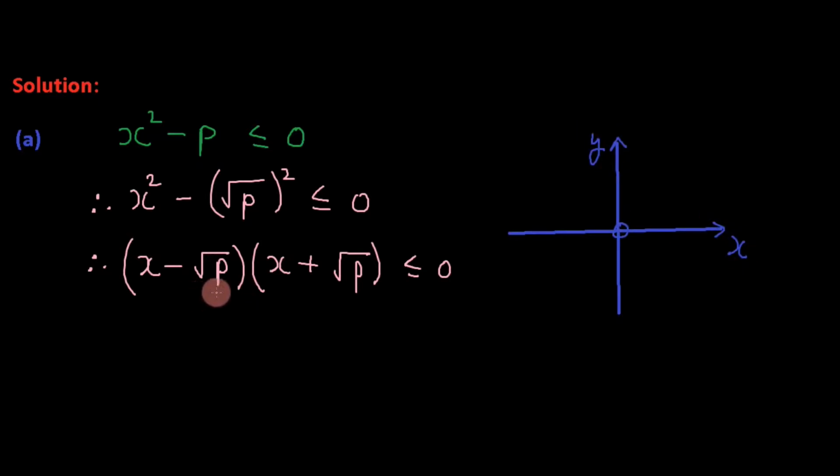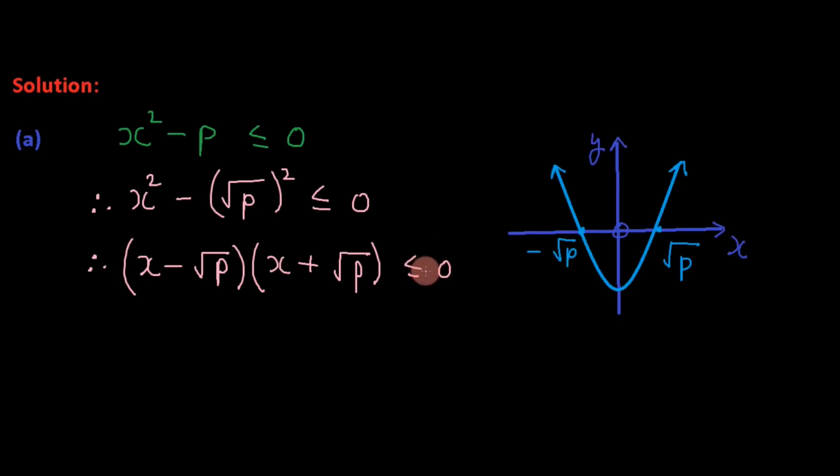Of course, our roots will be negative and positive square root p. So the graph will look something like this. So minus square root p will be the one root, and positive square root p will be the second root. And we want this parabola to be less than 0, in other words negative.